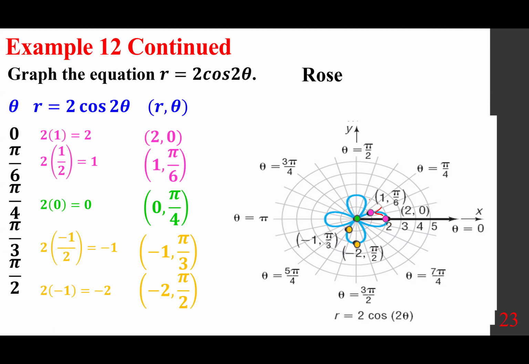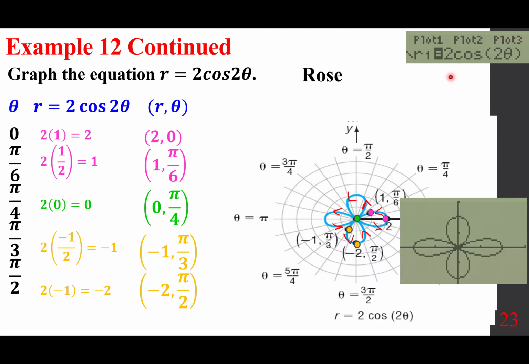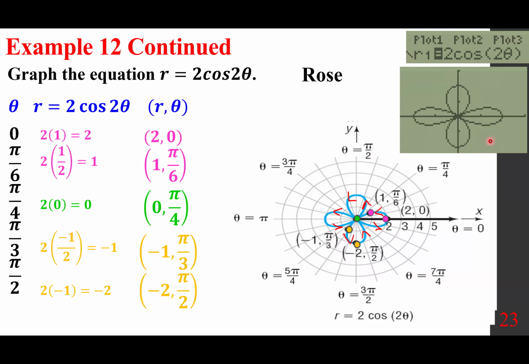So it's going this way, comes this way, this way, this way, going this way, going this way, finally this way. I hope you see the arrows. If you put that into a calculator, everybody, 2 cosine 2 theta, it creates the shape for you.